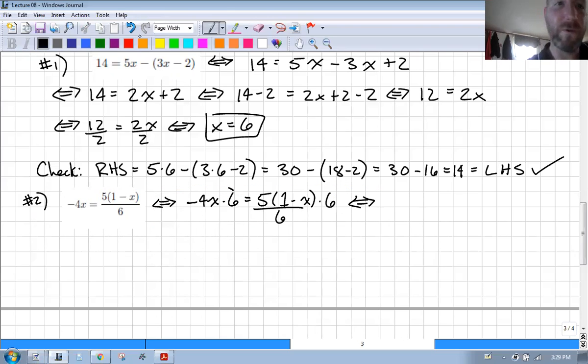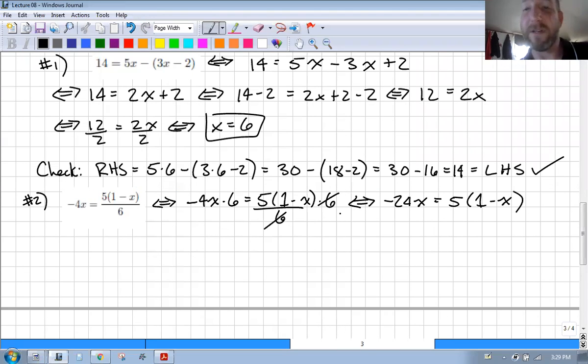See, 6 times 4, we got a negative 24x. Over here, the 6's go away. We have a 5 times a 1 minus x. All right, now that we got rid of the fraction, let's get rid of these parentheses here. Multiply the 5 through. We have a 5 times 1, and then a minus a 5 times x.